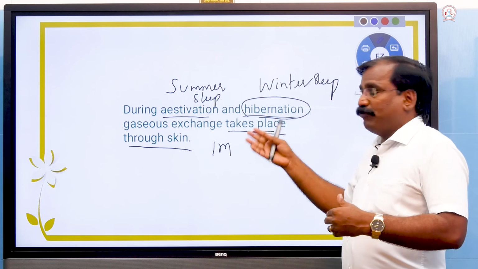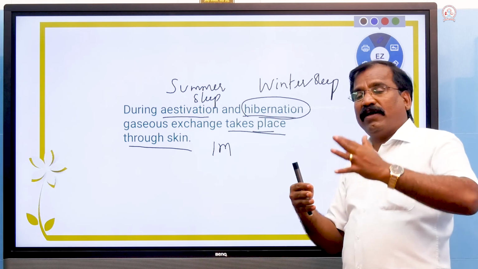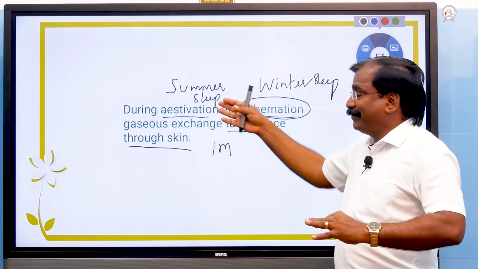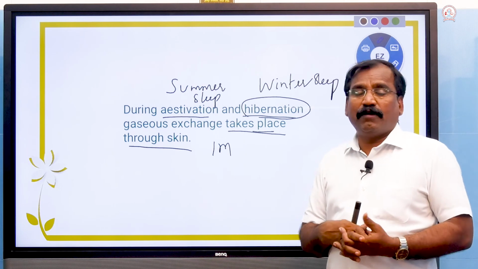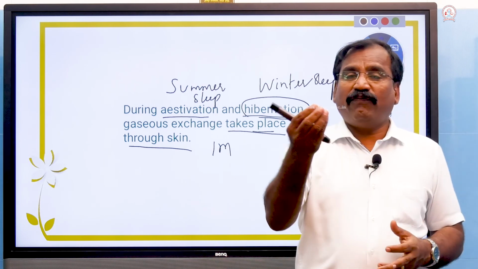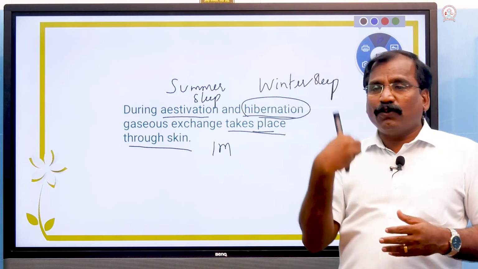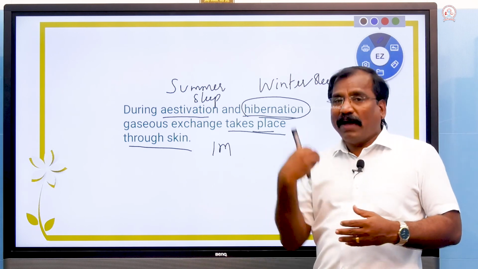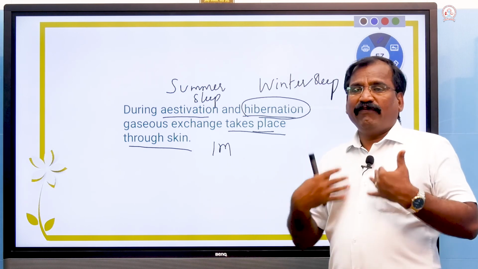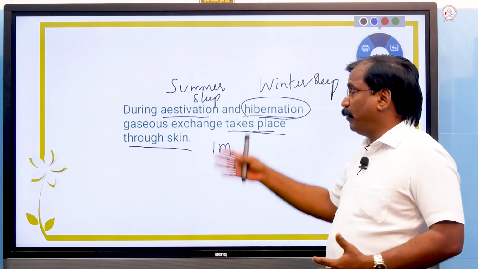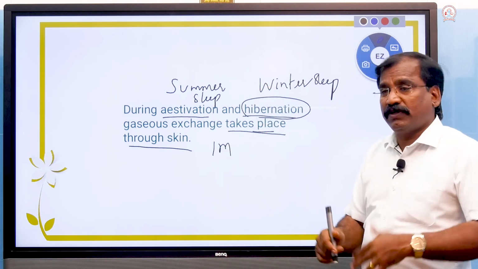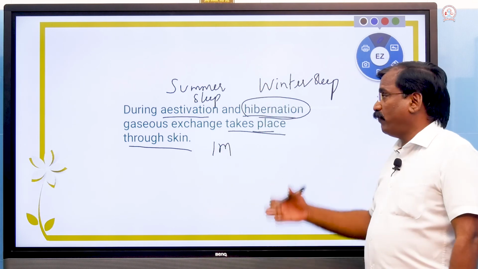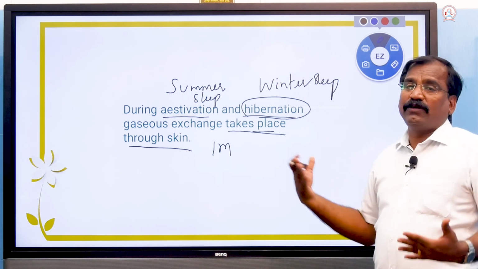So before that period, it knows when the winter season comes, or when the extreme summer season comes, it knows. So it feeds enormous food and stores the excess food in the form of fat. Okay, fat bodies are stored. So for maybe 2 months, 3 months, or 4 months, even sometimes 6 months, half of the year, it will be in that inactive stage.